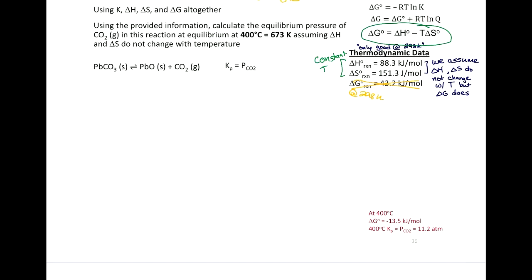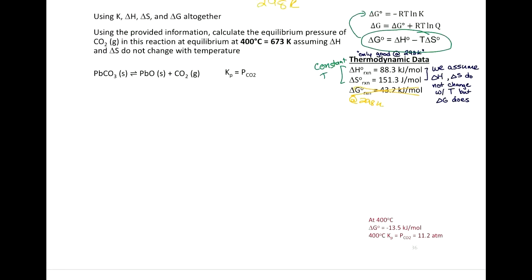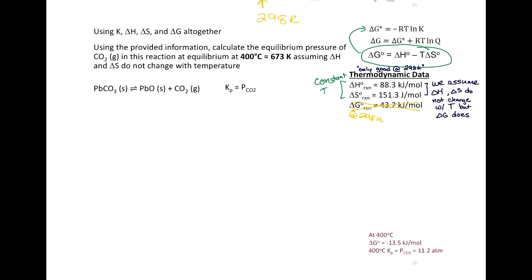Then we can plug that delta G number into our K expression, just like we did before. So really, this question is exactly like slide 35. It's just that instead of at 298 Kelvin, we're operating at 673 Kelvin. So we need to get the correct delta G first at this elevated temperature, then plug it into that K equation. So we don't have to do products minus reactants here.